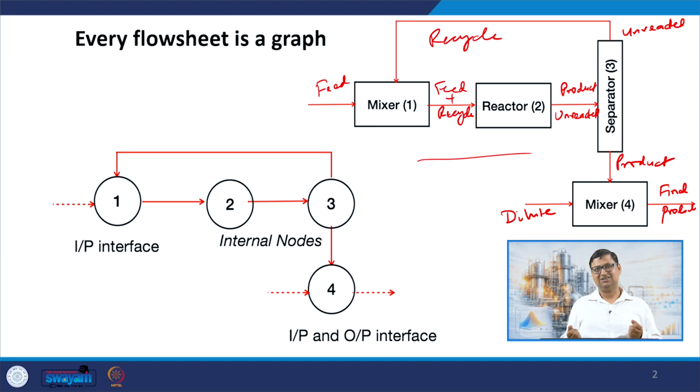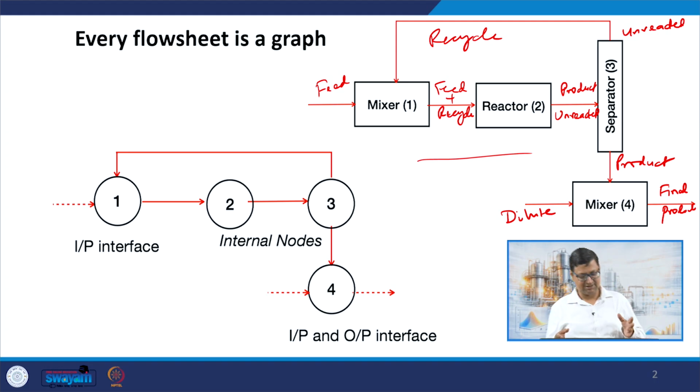And in fact, the nature of the coupling between the equations of, let's say, reactor and separator in this particular example is going to be determined a lot by this interconnectivity in the flow sheet. And therefore, we should have mechanisms to interpret and analyze the interconnectivity in more detail, because this is going to have a bearing on the solution of whatever model I am going to build, right?